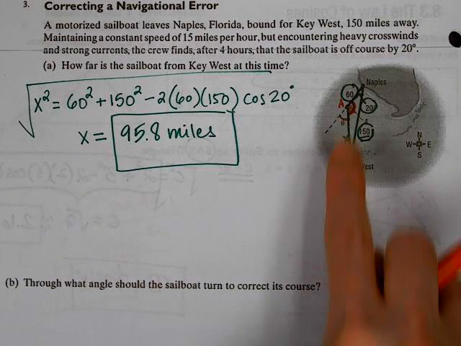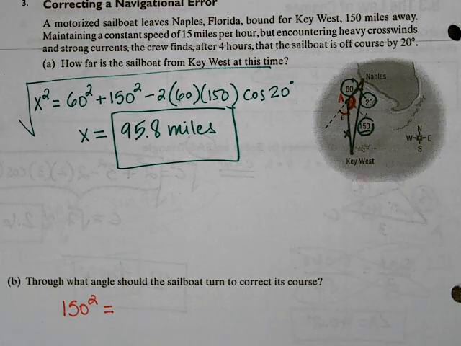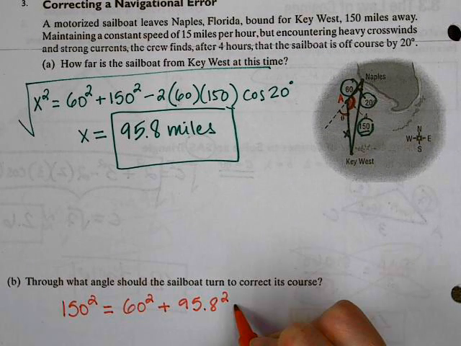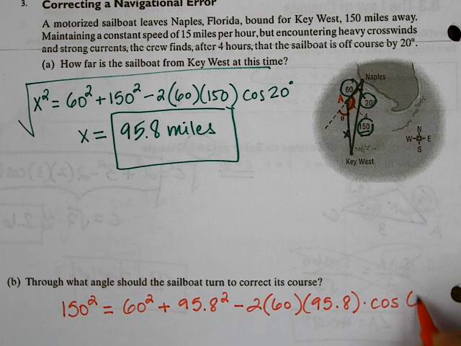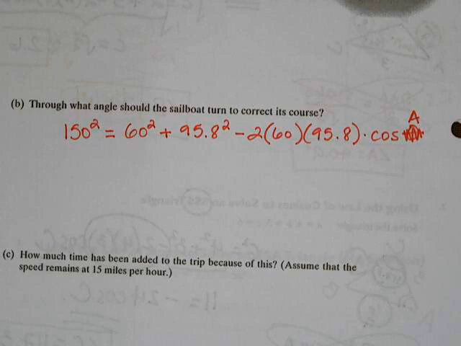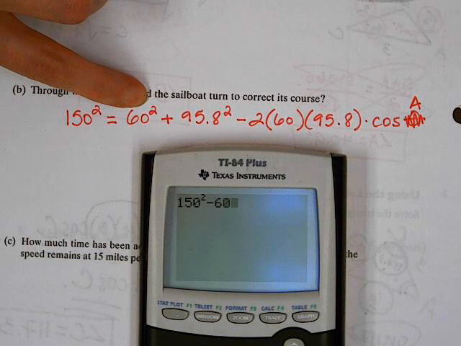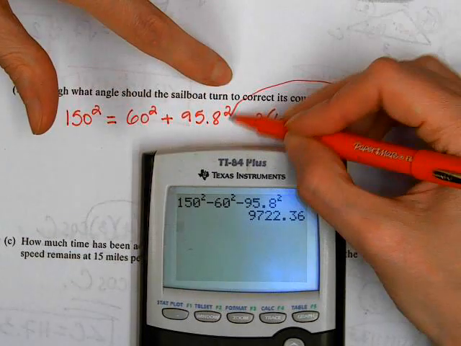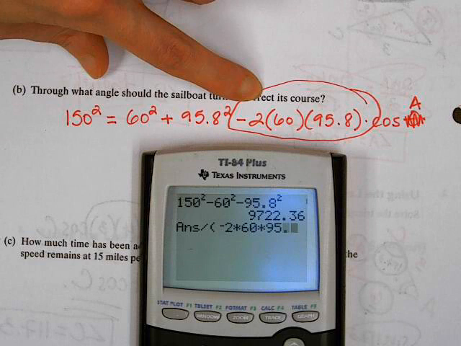So if we want to find angle A, then its opposite side is 150 squared equals 60 squared plus 95.8 squared minus 2 times 60 times 95.8 times cosine of A. So we're trying to find angle A. If you do this, it's 150 squared minus the 60 squared minus the 95.8 squared, but then we have to divide by negative 2 times 60 times 95.8.